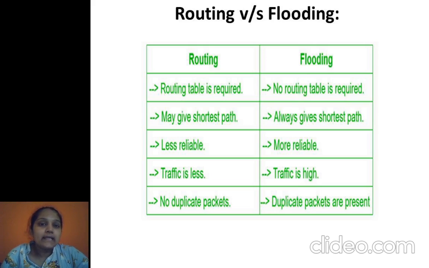Routing is less reliable, but folding is more reliable. Traffic is less in routing, traffic is high in folding. No duplicate packets are made in routing, but duplicate packets are present in folding, as we learned in the previous slide.